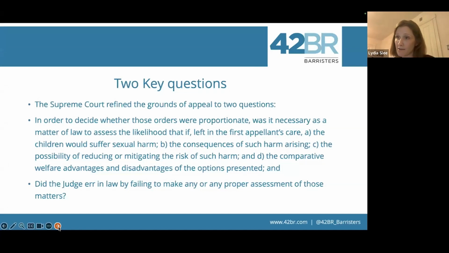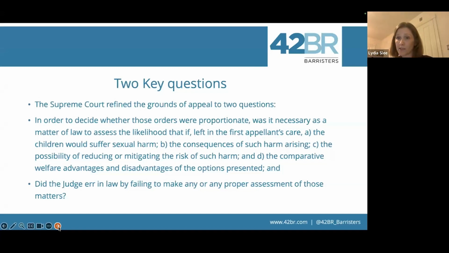Was it necessary as a matter of law to assess the likelihood that if left in the appellant's care, A, the children would suffer sexual harm, B, the consequences of such harm arising, C, the possibility of reducing or mitigating the risk of such harm, and D, the comparative welfare advantages and disadvantages of the options presented.